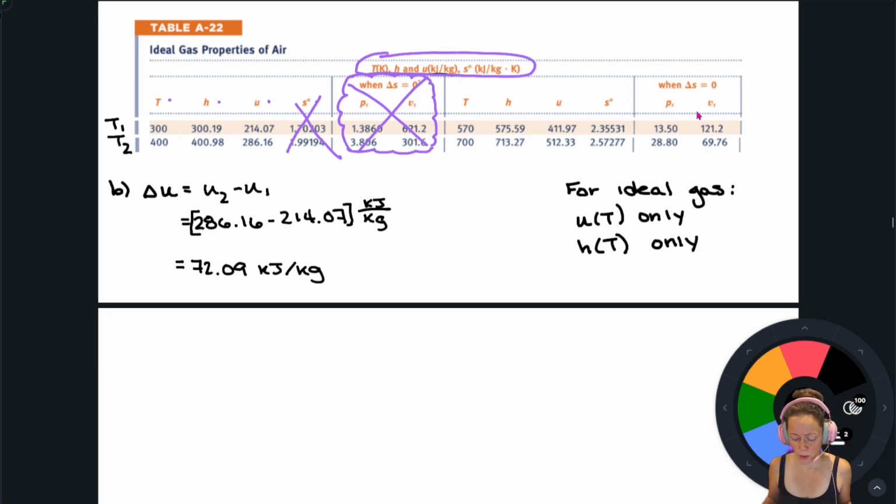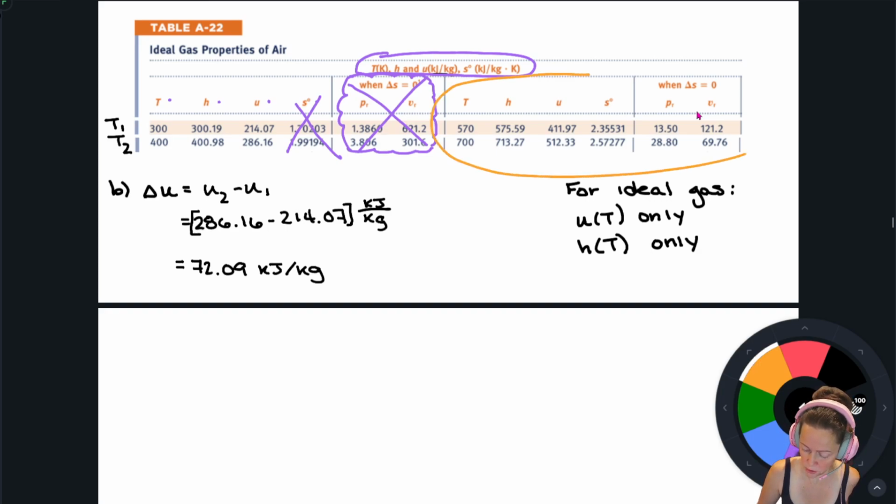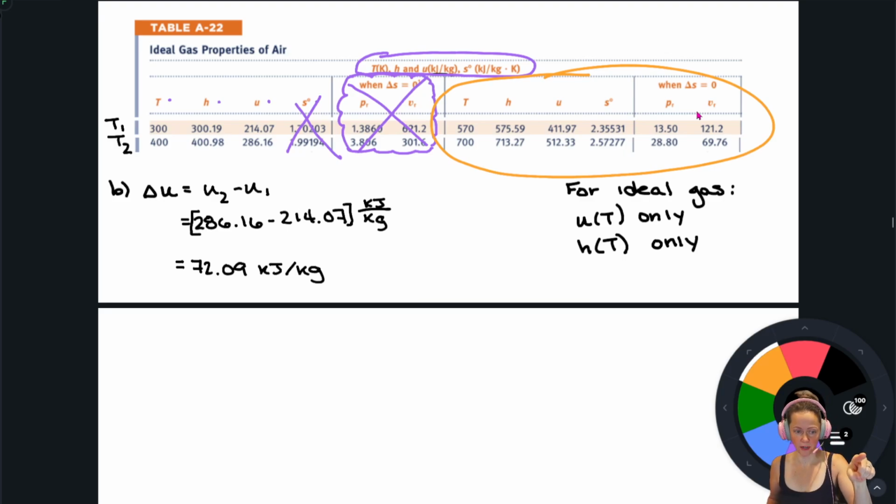But they give you no units for what's called the relative pressure and the relative specific volume. So do not use those. The only things we're going to use are the temperature, enthalpy, and internal energy. I'll also draw your attention to the fact that there are two sets of data in table A22. So if you scan all the way down and you don't see your temperature, go to the next column and you'll see the other value that you need.